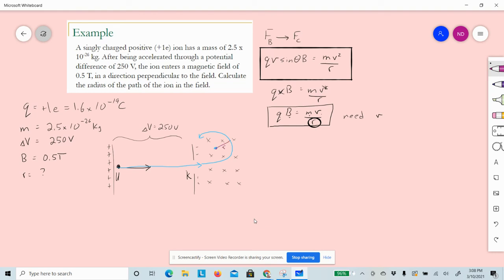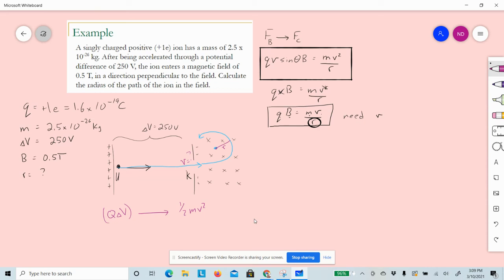Okay? But you really need to know what speed this thing has when it gets over there. So here you have to have the potential energy of this. This you might remember, Q delta V becomes 1/2 mv squared over there. We have to figure out v. This was from 2 or 3 weeks ago, just before vacation, before President's Week. We were doing this, how everything builds upon everything else.